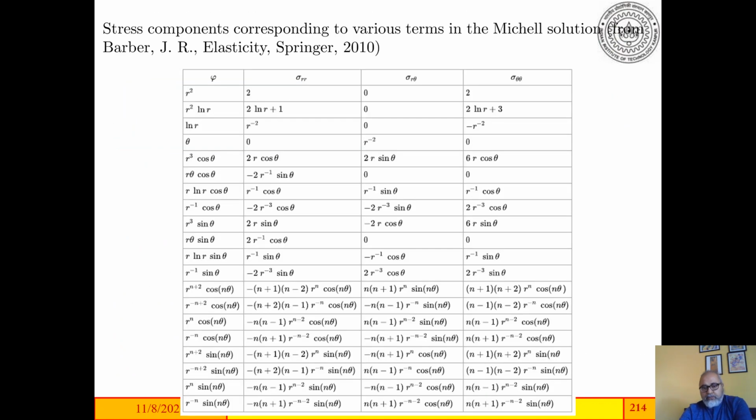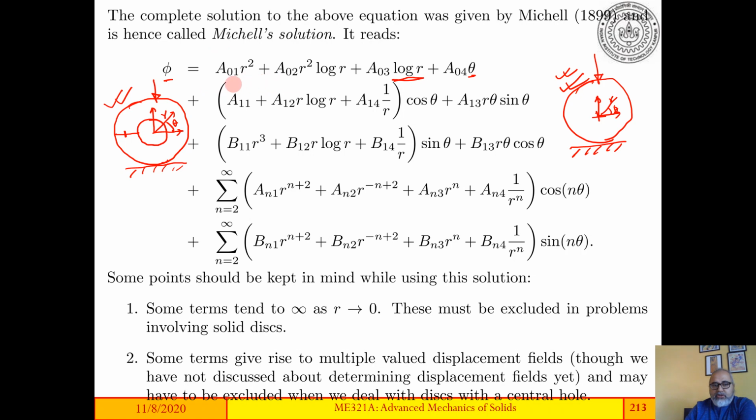So the stress solution is summarized in this table. What do you have in this table? So here you have the terms in phi. These terms are these terms here. So these terms one by one are listed in the first column.